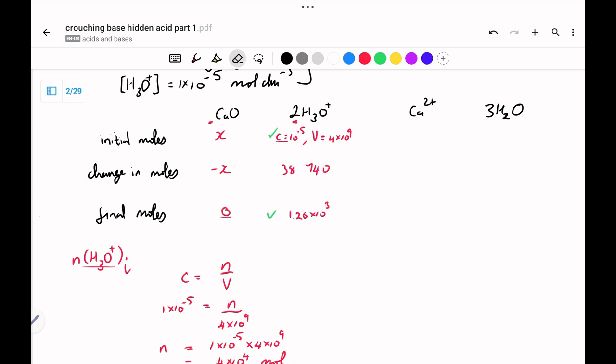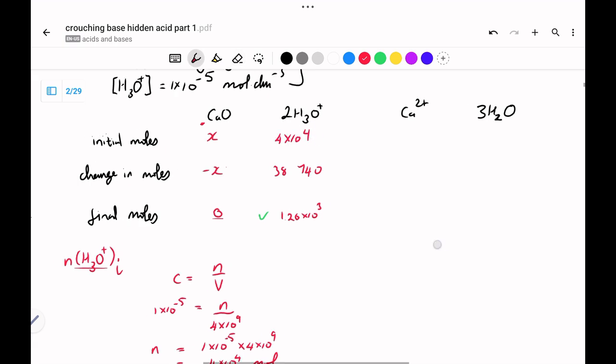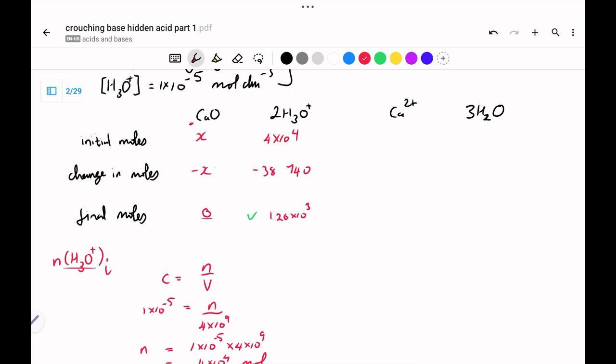I suppose I can put this figure in as well. Of course, these are moles that I lost. Now I mole ratio this number over here.